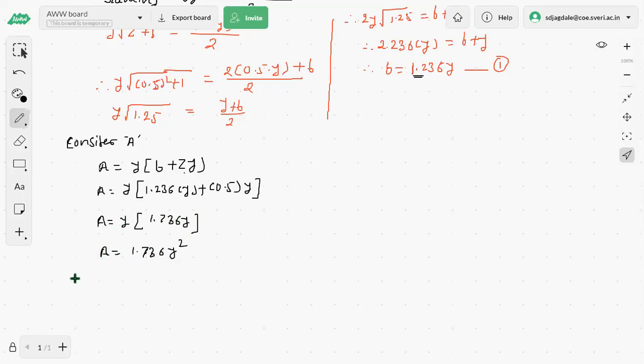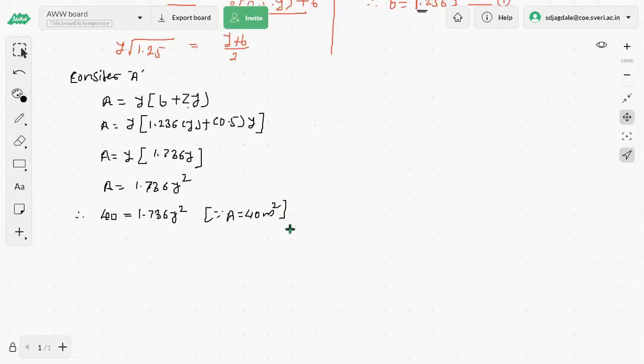So just put it in, therefore 40 is equal to 1.736 y square. Write in brackets, A is equal to 40 square meter, that is given to us.